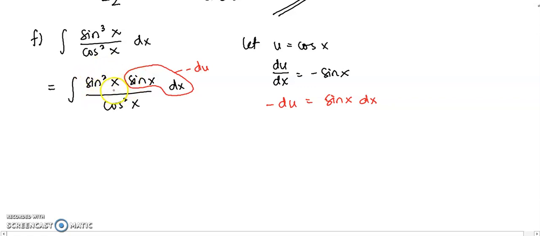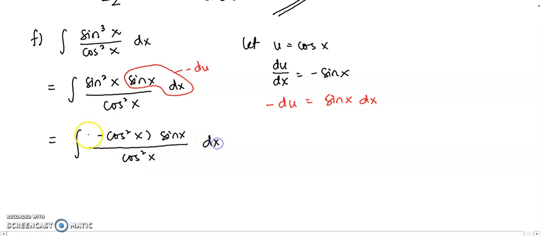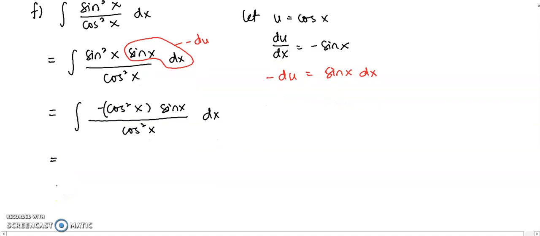And the sine square, how can I substitute it in terms of u? I actually can use the identity, change the sine square into 1 minus cos square. I write down the question first, and later on we will change all together.